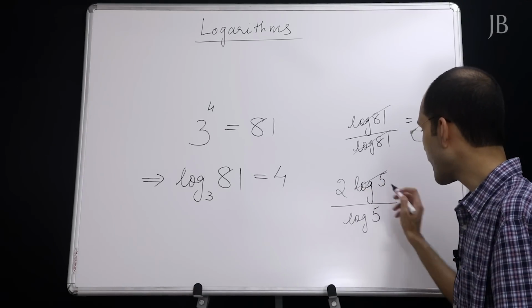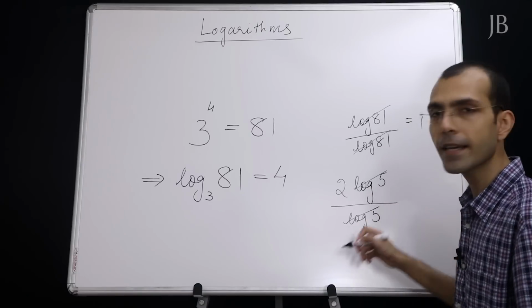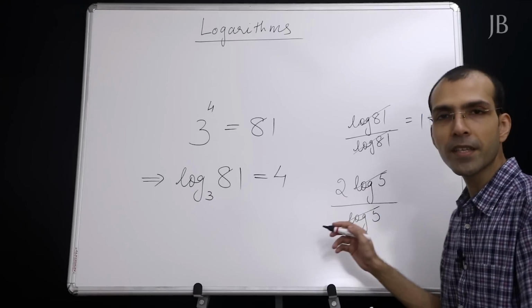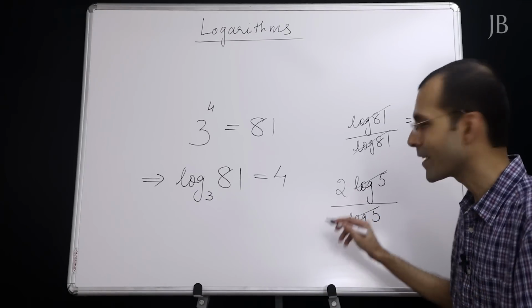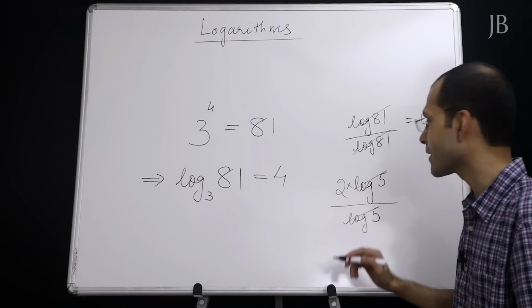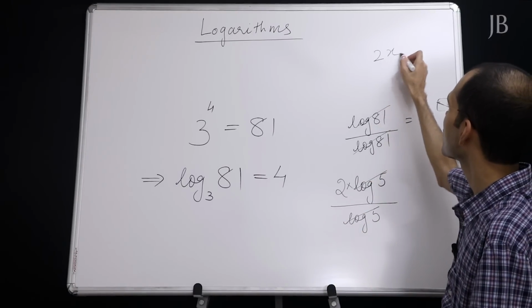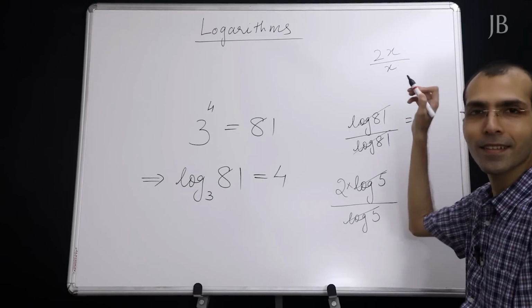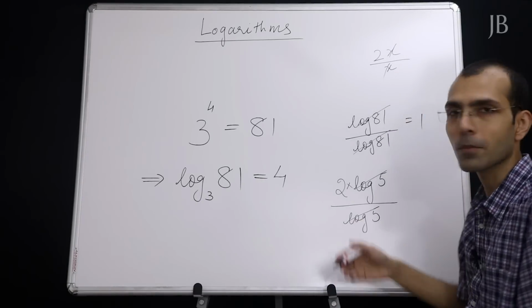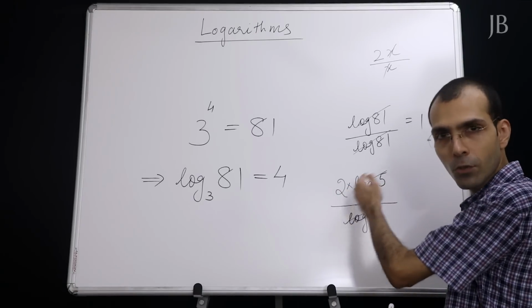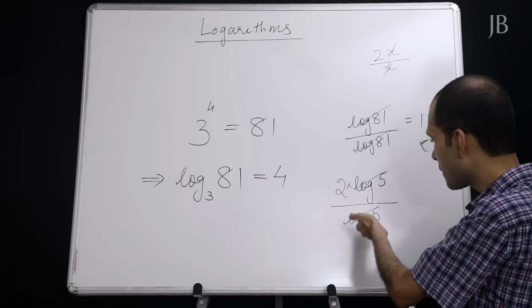Log 5 and log 5, the entire thing can get cancelled, because 2 log 5 means it is 2 into log 5. So 2 is like a coefficient here. Then log 5 and log 5 you can cancel. It is similar to 2x upon x. This you can cancel, no problem. So similarly 2 log 5 means 2 into log 5, the whole divided by log 5.